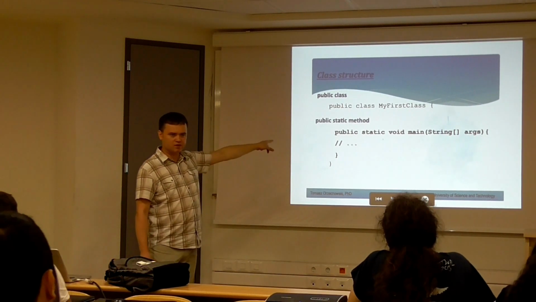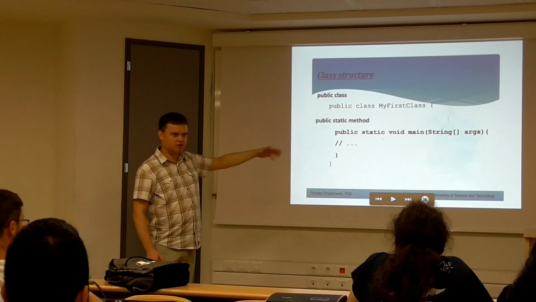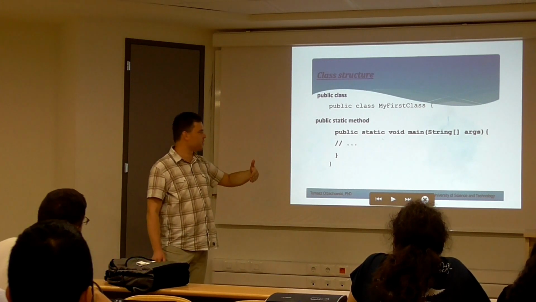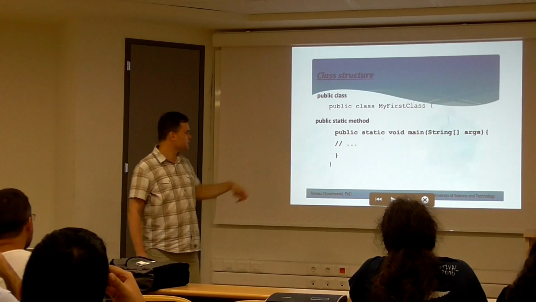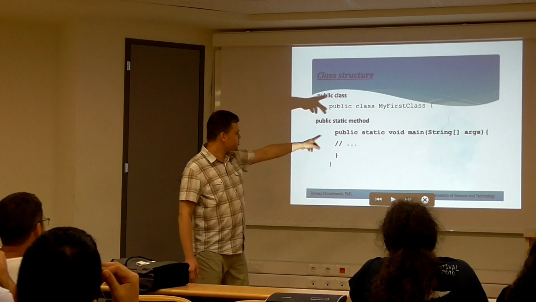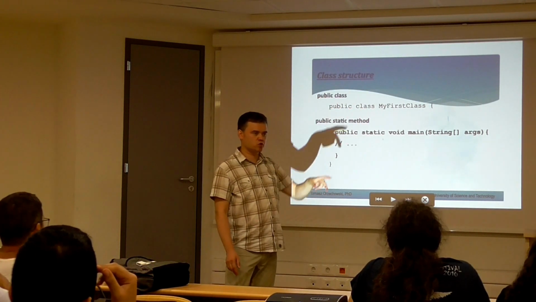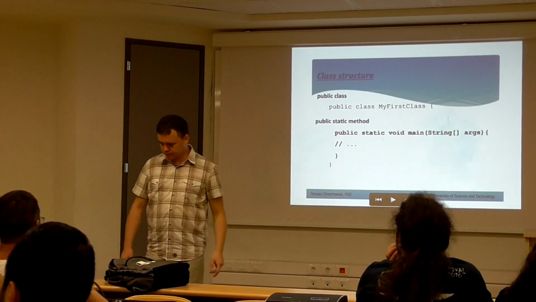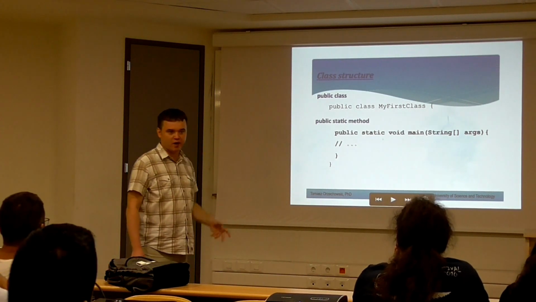It must be public, available from outside. Static, we don't need to create the object to run it. Void, no value is returned. Main, of course, is the name. And String[] args are the parameters sent to the program from the command line. Also in one exercise, we will have a chance to practice it.